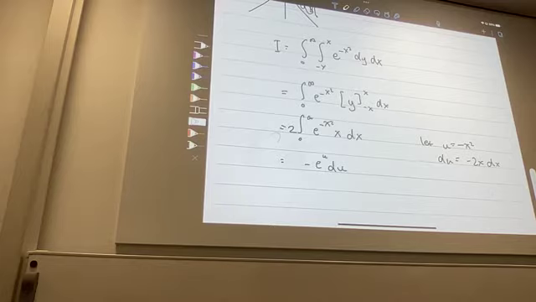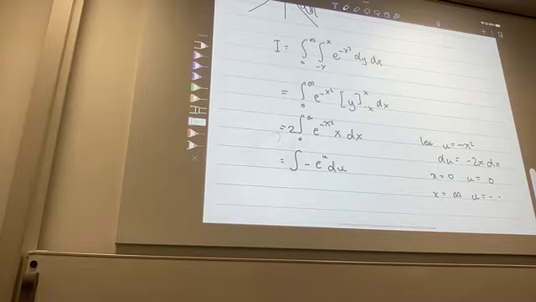However you've learned to do this is fine, so long as you get the right answer. I'm just going to do this. So I've got e to the u du, and I think we get a minus sign. The important thing here is I need to change my limits. So when x is equal to 0, what is u equal to? Also 0. Okay, and when x is equal to infinity, what's u equal to?